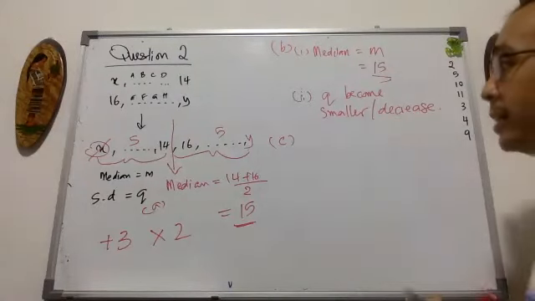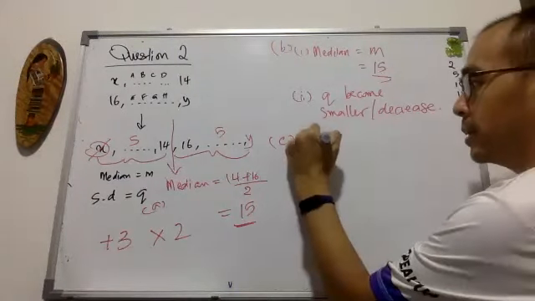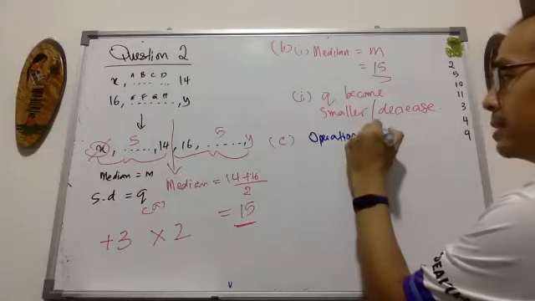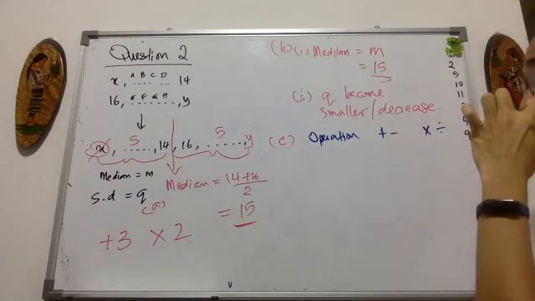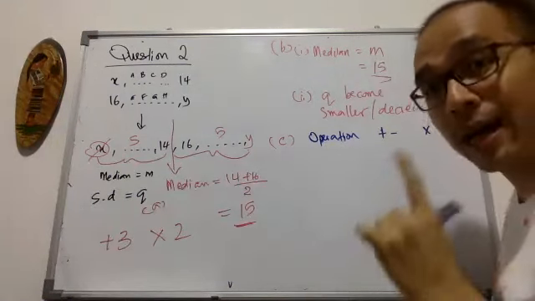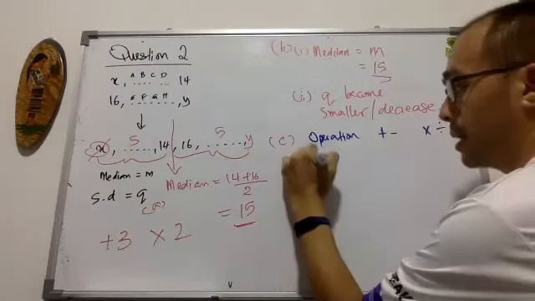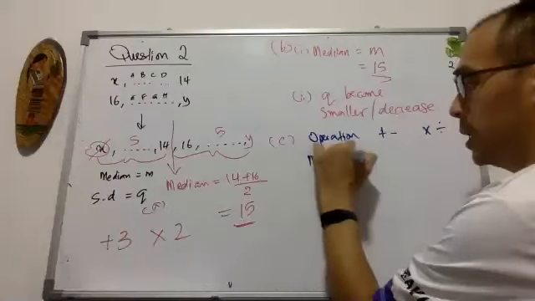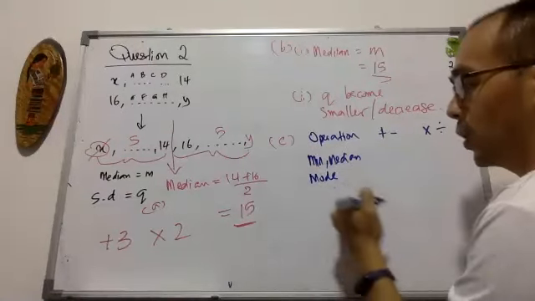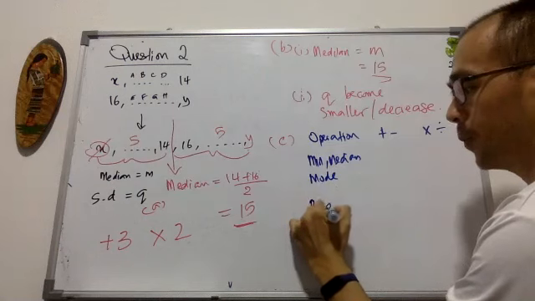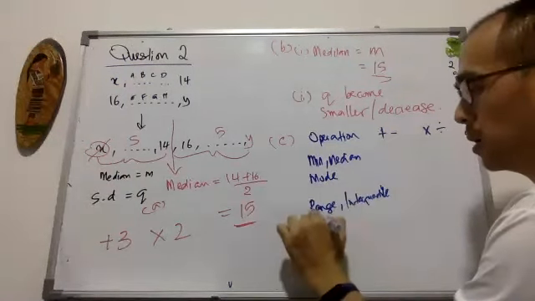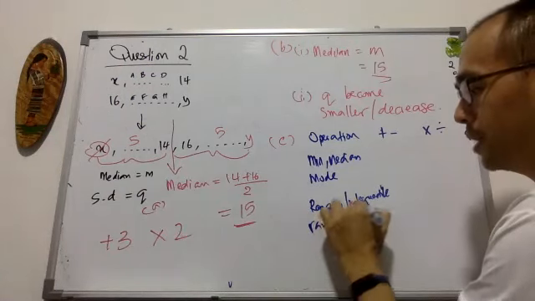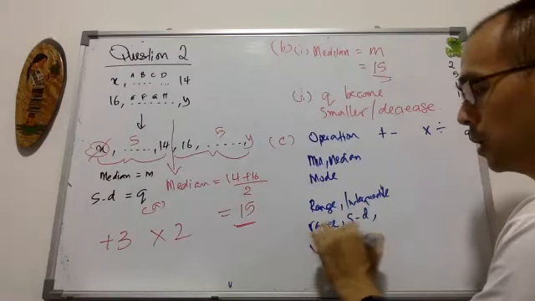Remember that for any operation, whether the operation is plus and minus, or times and divide, some things are affected and some things are not affected. For example, mean, median, mode, and then range, interquartile range, standard deviation, and variance.